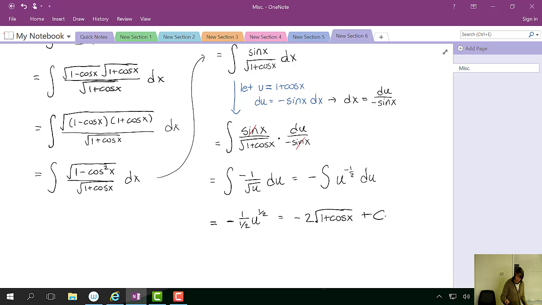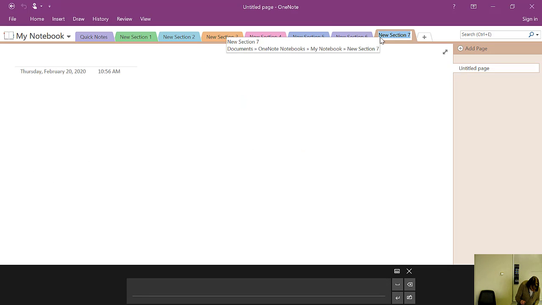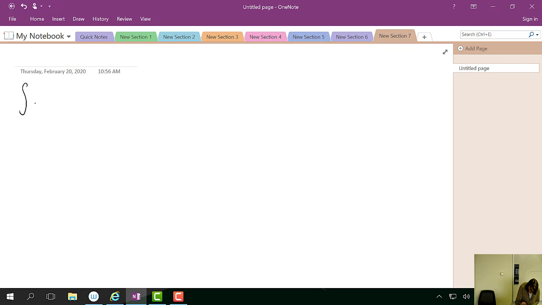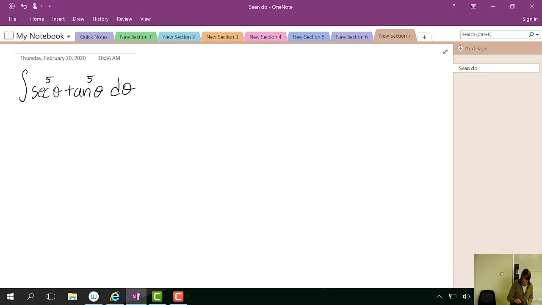Let's see, I've seen people asking about secant tangent integrals. So let's say we have this case: secant to the 5th, tangent to the 5th.